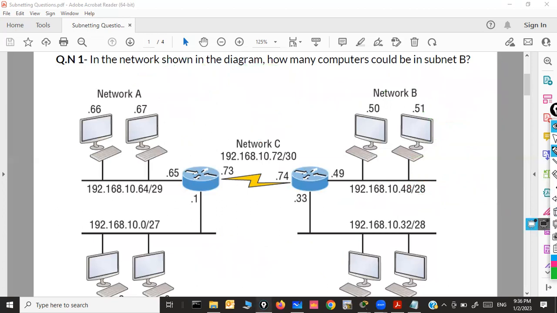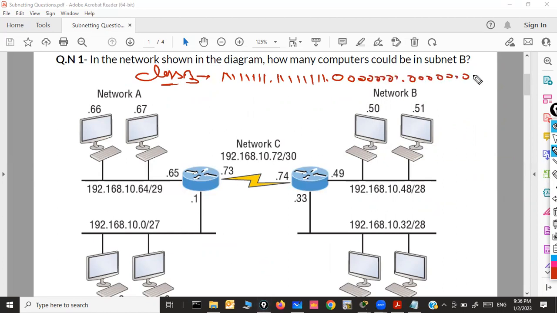In class B, if you remember, the subnet mask is 8 ones, 8 ones, 8 zeros, 8 zeros. In decimal it is 255.255.0.0, or in CIDR we can write /16.